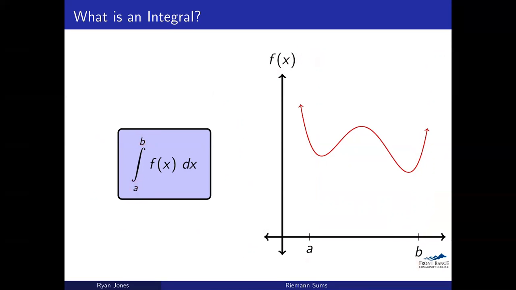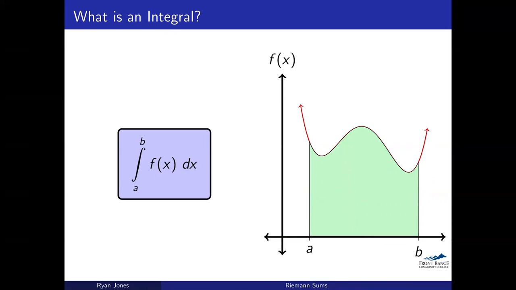That's good. And this integral actually represents this green area right in here. And so what I'm doing is I'm basically looking left to right, between a and b, and then top to bottom, I'm starting at the x-axis, and then I'm just moving up until I hit the function.